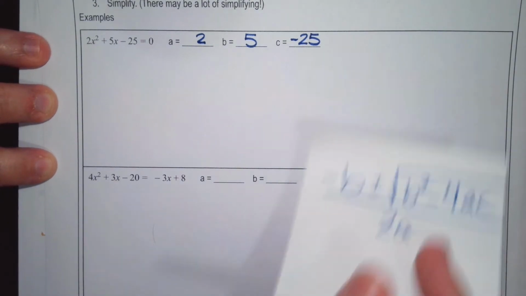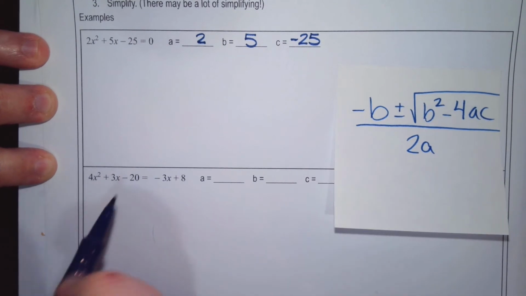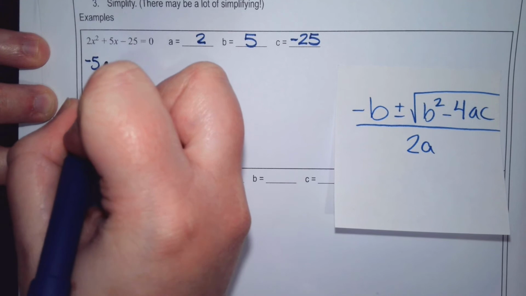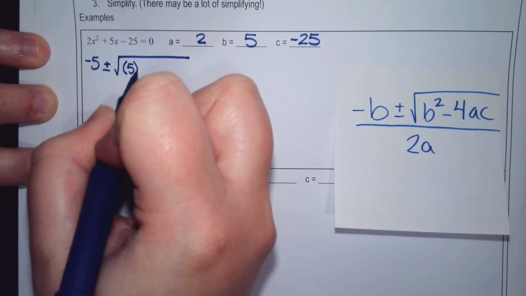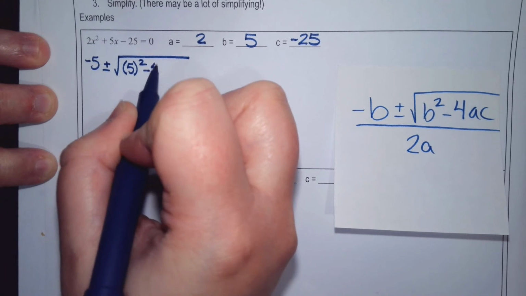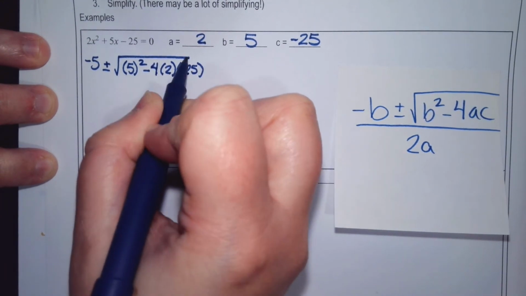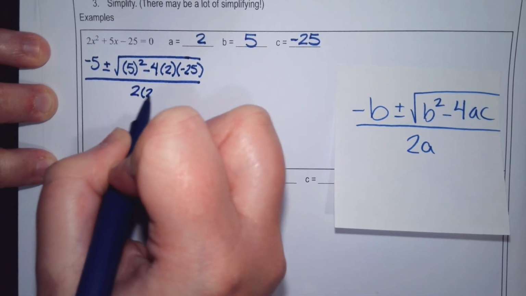Now that we have our a, b, and c identified, we're going to plug into the quadratic formula. So negative 5 plus or minus the square root of 5 squared minus 4 times 2 times negative 25, all over 2 times 2.